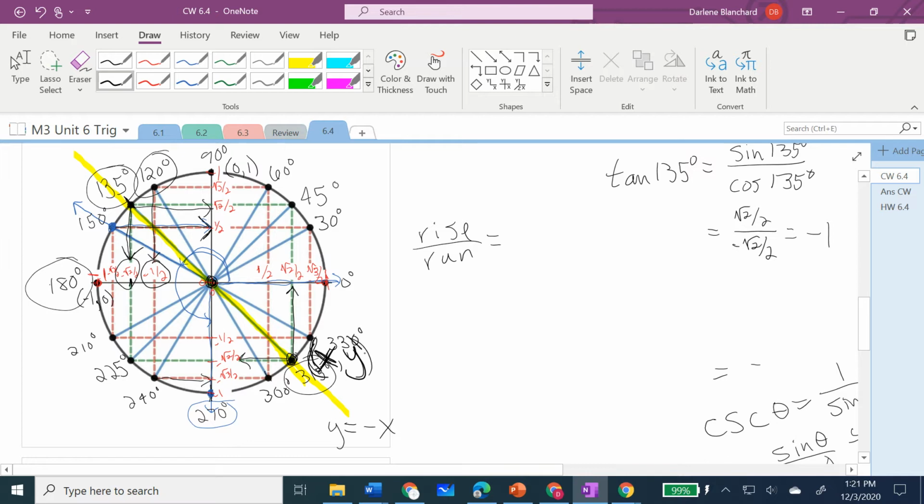The rise is then y minus 0. The run is x minus 0 if I'm looking in a line through the origin 0, 0. Delta y over delta x. So what I want you to realize, which is going to save you a lot of time, is realize that tangent and slope are the same.